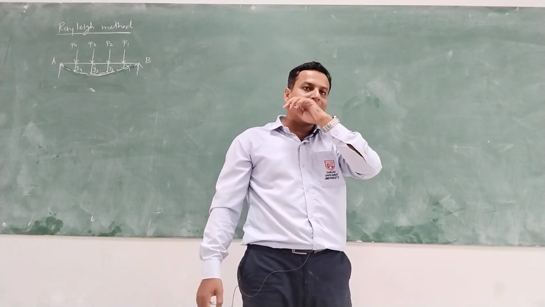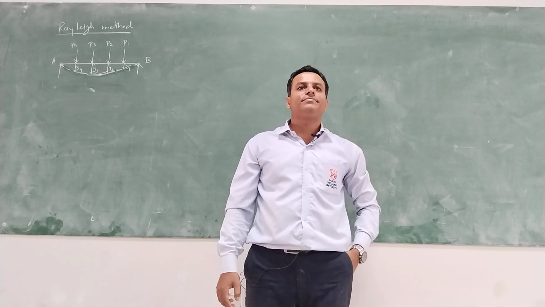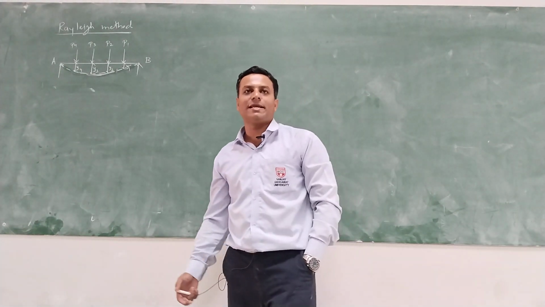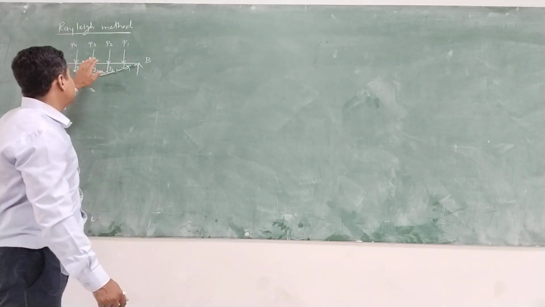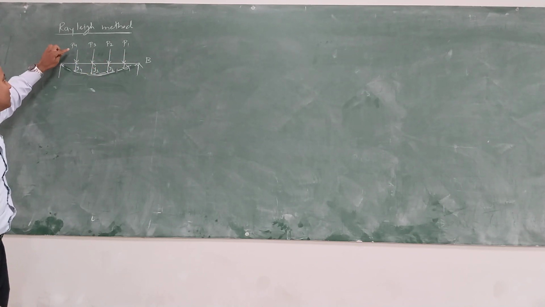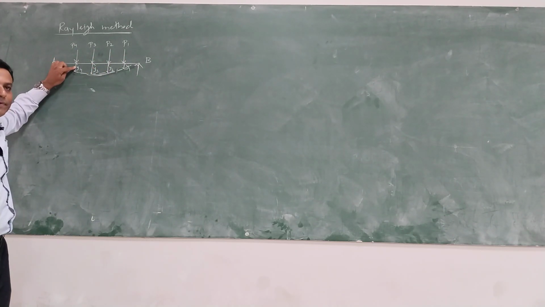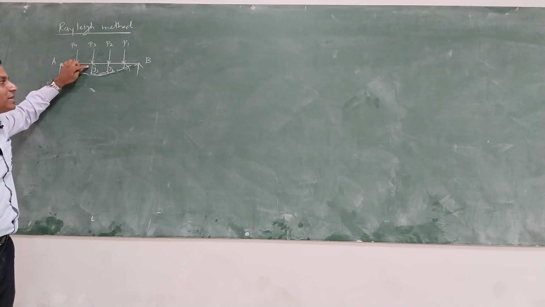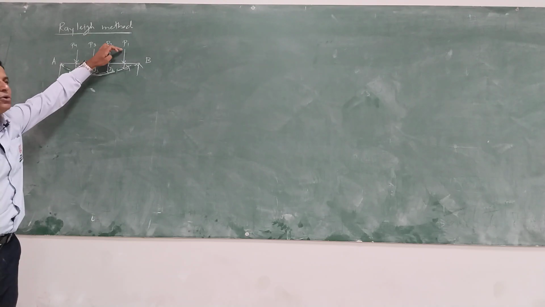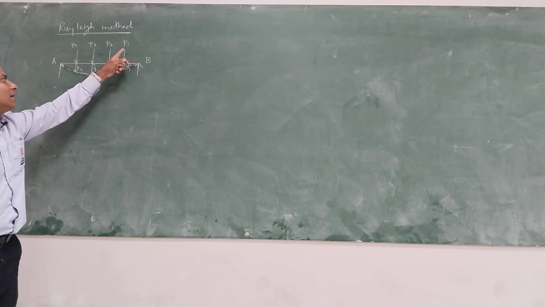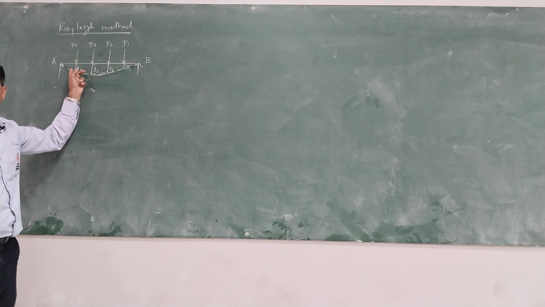Now this Rayleigh's method is again associated with the potential energy and kinetic energy of the system. Because of the loads, the static deflection under each load will be y4 for load 4, y3 for load 3, y2, y1. So under each load there is a deflection.